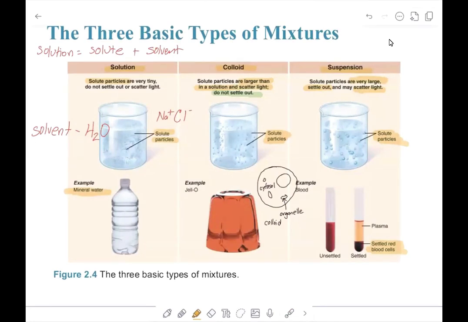And when that happens, the more dense particles, which are the solutes, the red blood cells, white blood cells, and the platelets, settle to the bottom. The plasma then is what's going to be at the top of the test tube because it's the least dense. So that's the third example of a mixture.